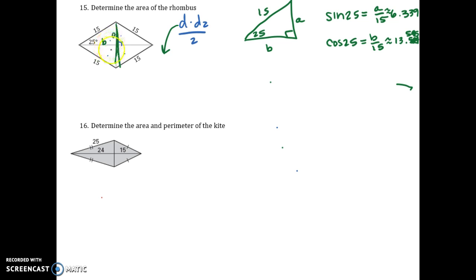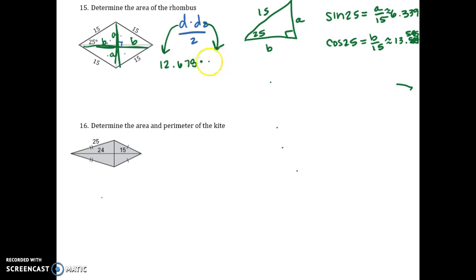A's, so it's A, and this piece is also A. So it would be 6.339 times 2, which is 12.678, multiplied by diagonal 2, which would be B and B again, and B is 13.595.